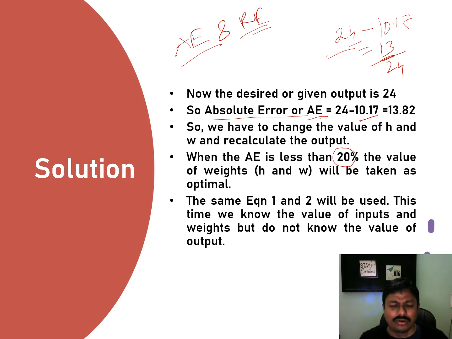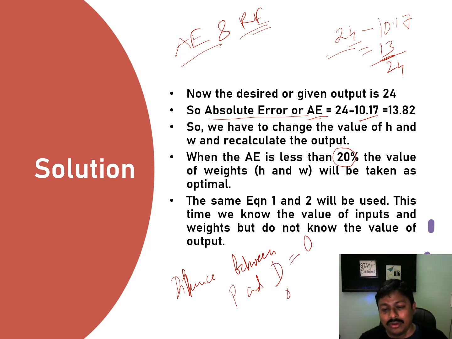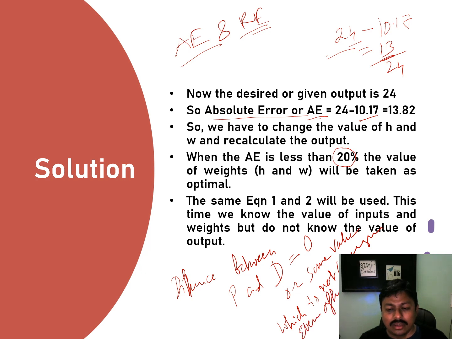Then you can stop, or as I have discussed already, the difference between the predicted and desired value must be equal to 0, or some value which is not changing even after some predefined number of iterations.